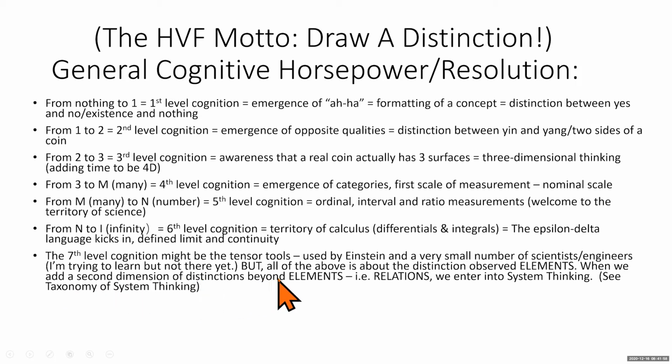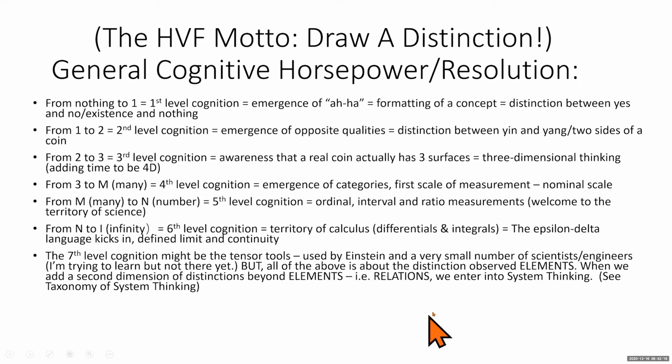I'm not there yet, but all of the above is about the distinctions of observed elements. So when we add a second dimension of distinctions beyond the elements, what are they? Relations.